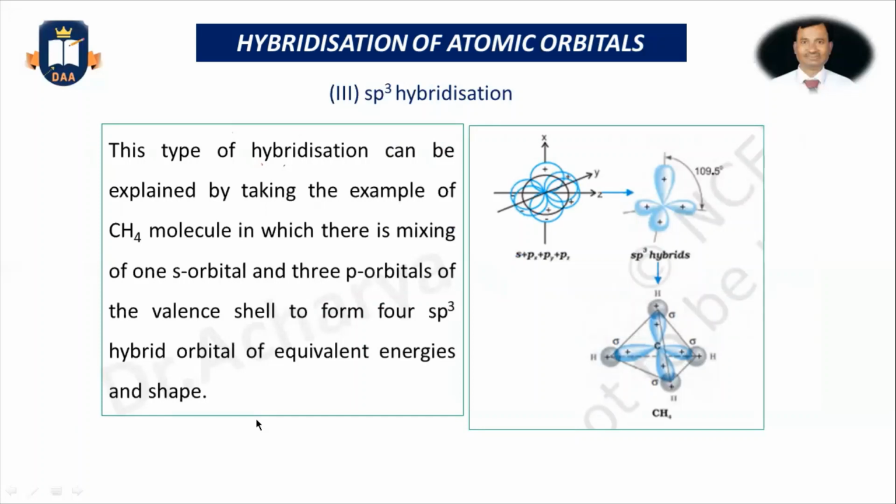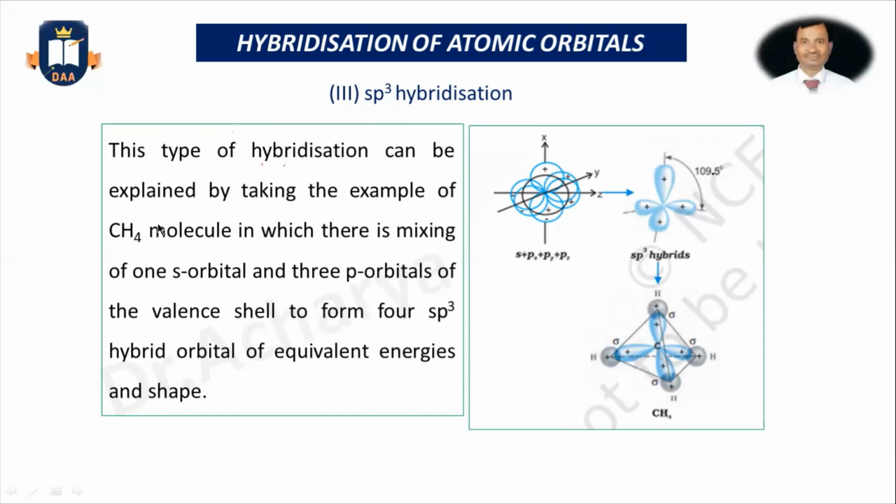Now we'll discuss sp3 hybridization. So sp3 means one s orbital and three p orbitals will form four sp3 hybrid orbitals.